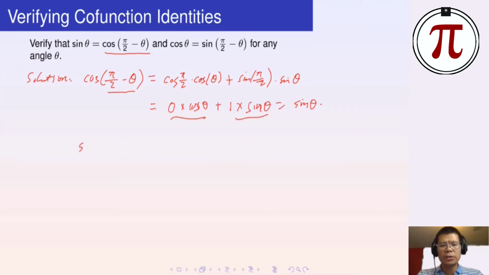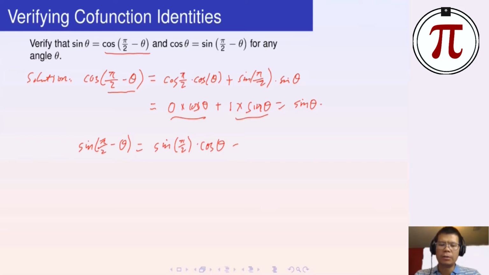Now the second is similar. We verified the first. Now sine of pi over 2 minus theta equals what? The difference formula for sine: sine pi over 2 times cosine theta, and minus or plus? Minus, all right, very good, because this is sine. The difference for sine.